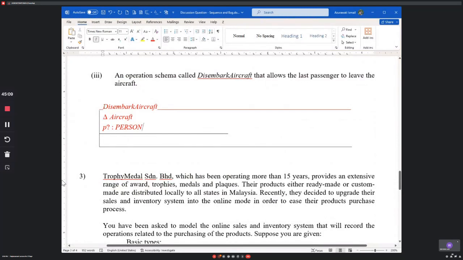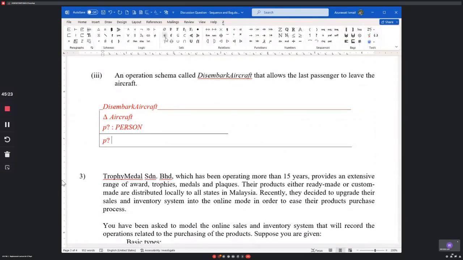Because we want to remove that person from our sequence, there will be an update to our database data. So of course, P must be a member of our sequence, meaning ran passengers.